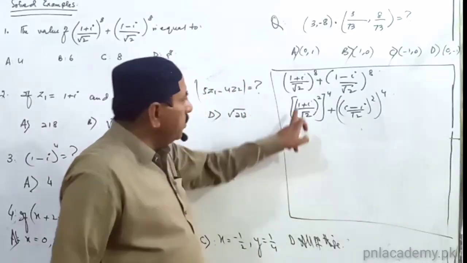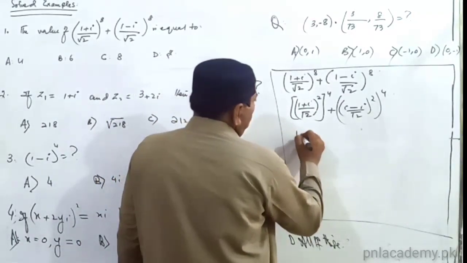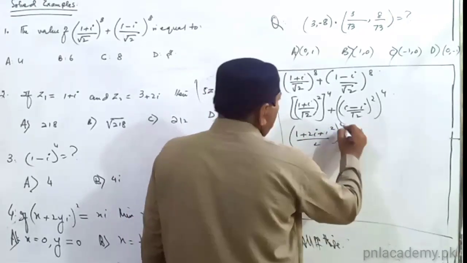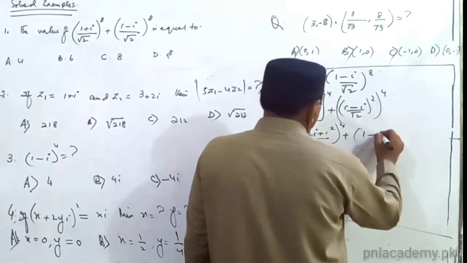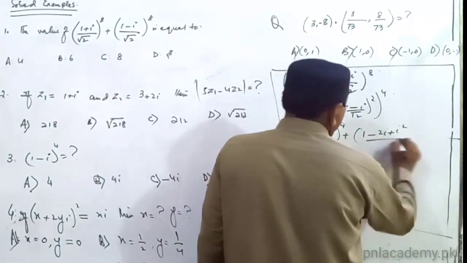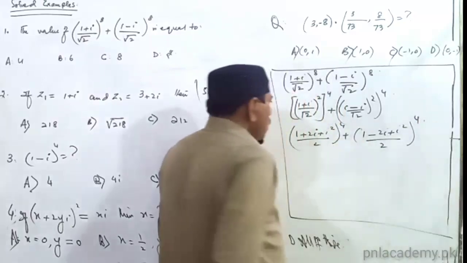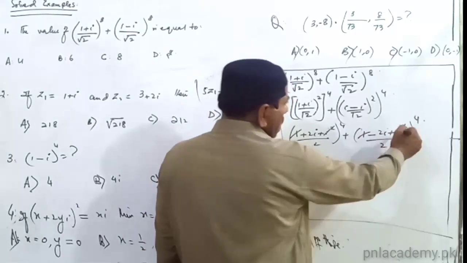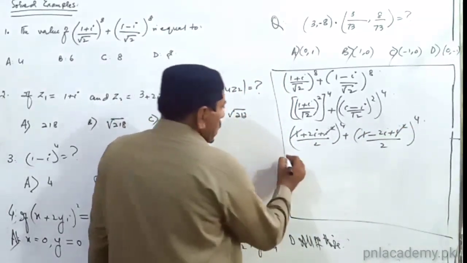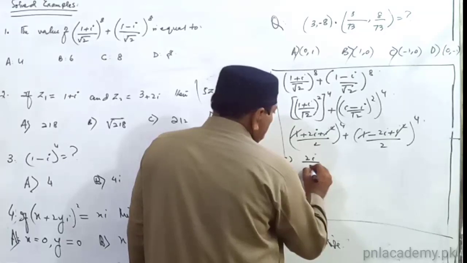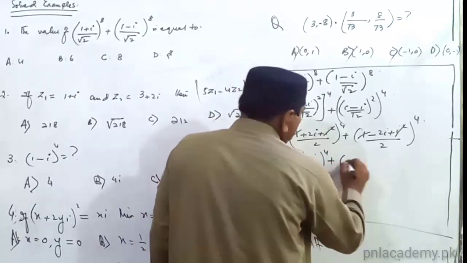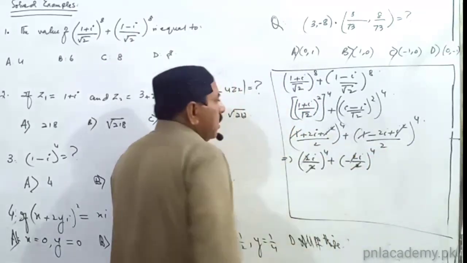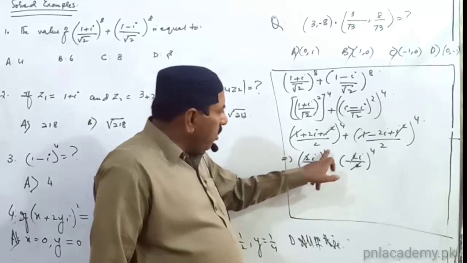By solving this, 1 plus 2 iota plus iota square upon 2, power 4, plus 1 minus 2 iota plus iota square upon 2, power 4. Iota square gives the value minus 1, so 1 minus 1 cancels. So this will be 2 iota upon 2 whole power 4 minus 2 iota upon 2 whole power 4. Here the 2 cancels. So this will be iota power 4.